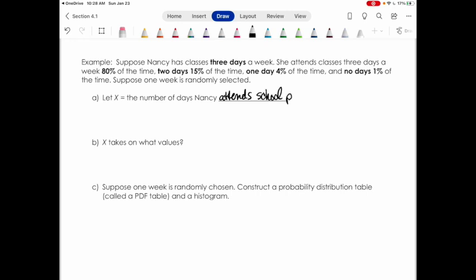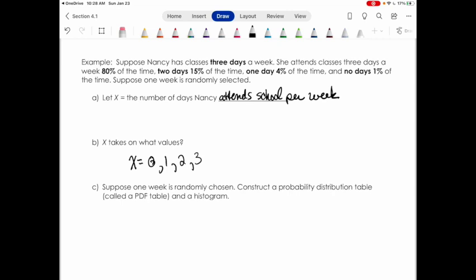So the number of days Nancy attends school, and this is specifically per week. Okay, so that's what the variable represents. Now, because the variable represents the number of days she attends school a week, the values that this could take on could be 0, 1, 2, or 3, right?